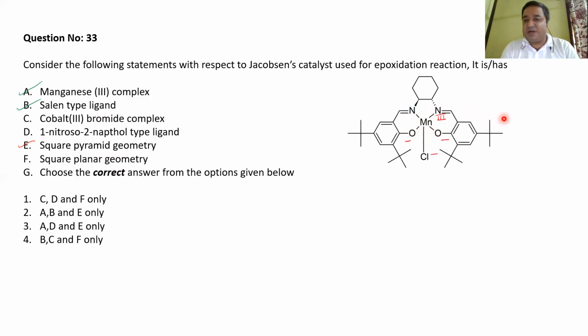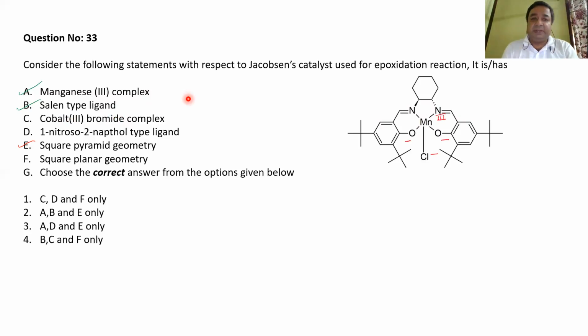Now, if you look at the charge, chlorine is having a negative charge, oxygen is having a negative charge, and the other oxygen also has a negative charge, and nitrogen is neutral over here. So the primary valency, the oxidation number, is going to be 3. So obviously this is a manganese 3 complex. All right, and we will say option C is incorrect because there is no cobalt in it.